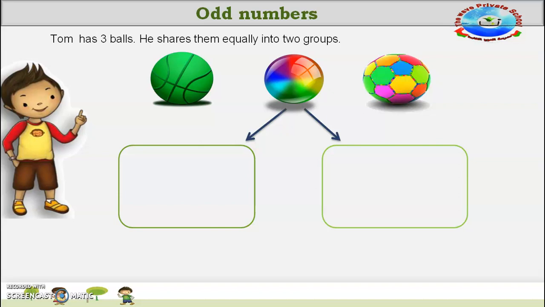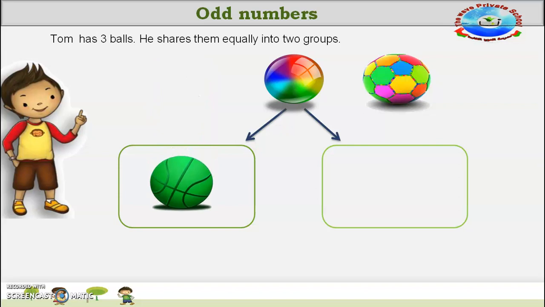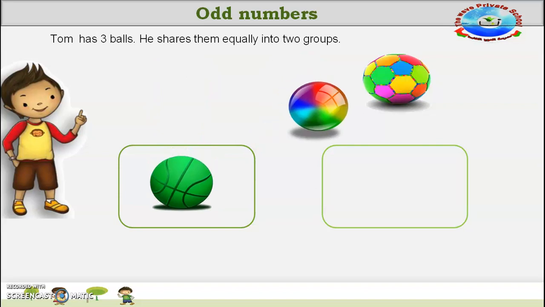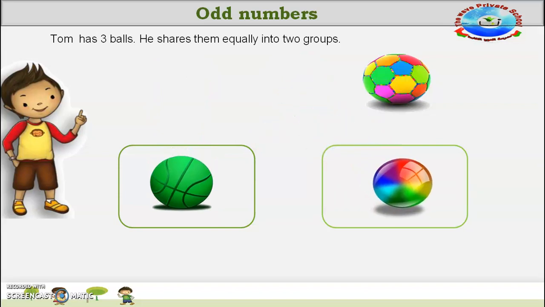And now see this. Yes, one ball here and another ball in the other group. But look here. Yes, there is one ball left over when he tried to put the balls into 2 equal groups.